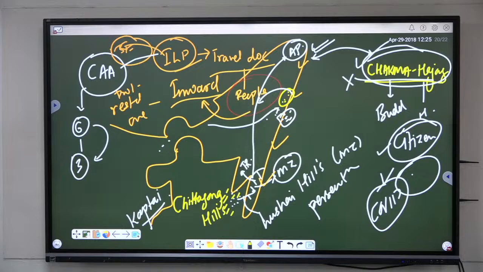Who will feel this? The indigenous tribes. Correct? So these are the main issues in the Northeast India.